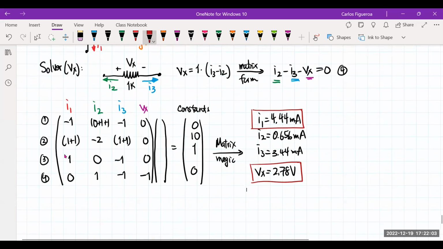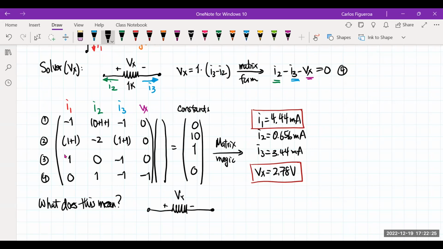So just to be careful here, what does this mean? If I redraw the element, it looks like this. I know that this has a polarity of Vx for the 1K. For the 1K, I have the current coming in, which is I3, and I have the current going this way, which is I2.